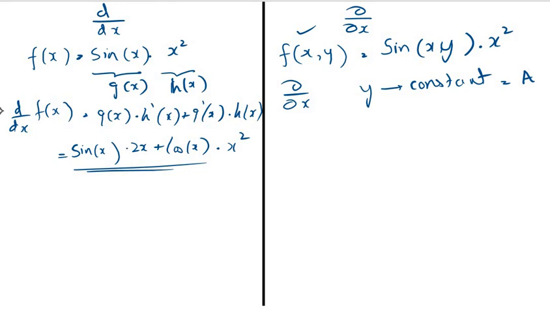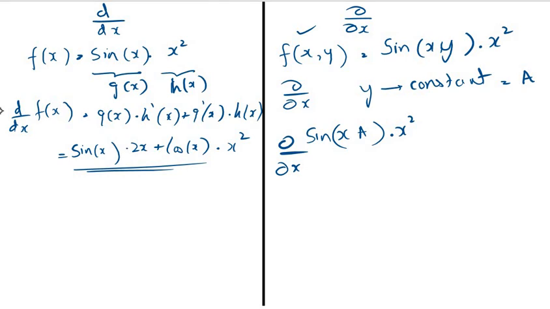So then we will write, with respect to x, the function as sine xa times x squared. So now it's very convenient. You have to differentiate the function with respect to x, but the function has only x, it does not have any y.